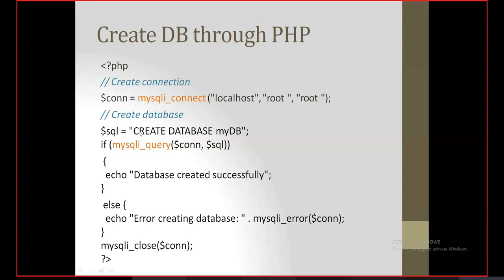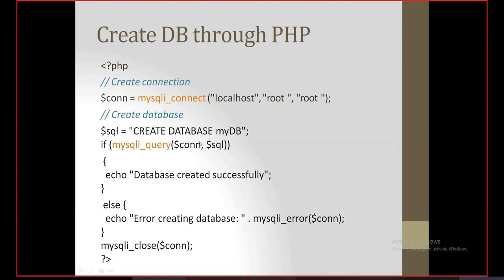Then we will fire a SQL query. The query statement is create database, the standard create database statement in MySQL. We have prepared a string, and then we have passed the connection object and the SQL string as arguments to the mysqli_query function. Fine. And then we are printing it out.